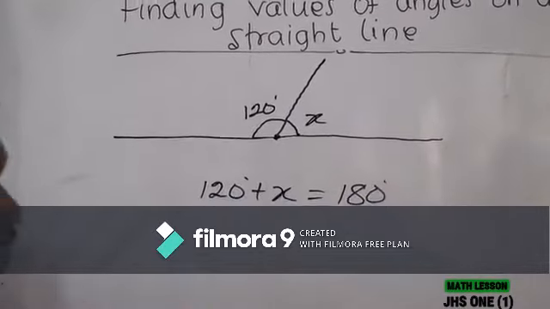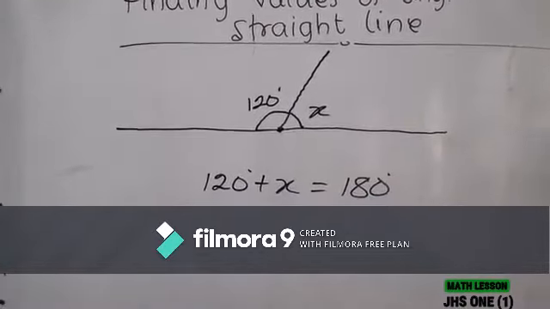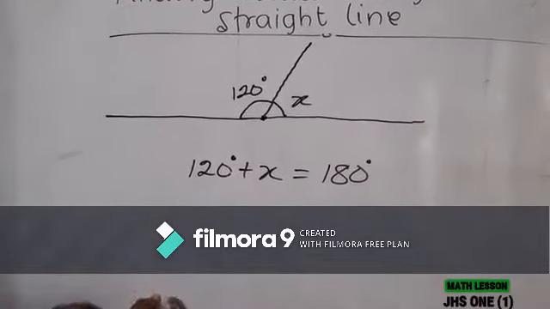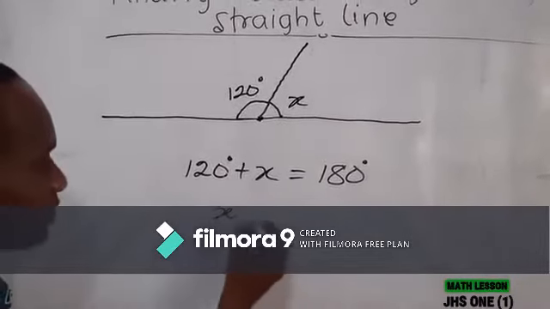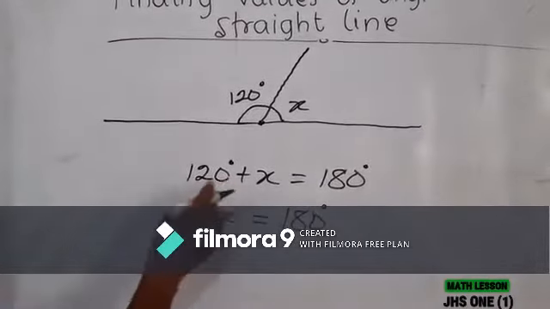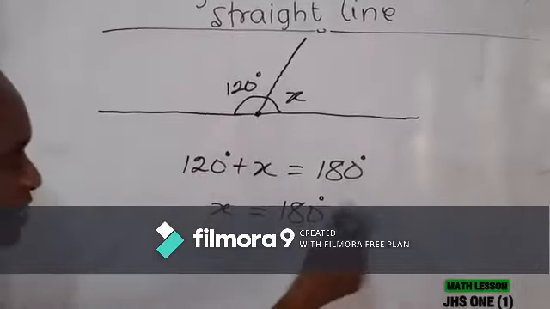Now, how do we calculate for the value of x? Good. We group our like terms because we have done simple equation. The next step is to group like terms. How do we do this? We send all the values, the value of the angles, to the other side, and the variables, we leave them at one side. So we have x equals 180 degrees, and this 120 will be moved to the other side.